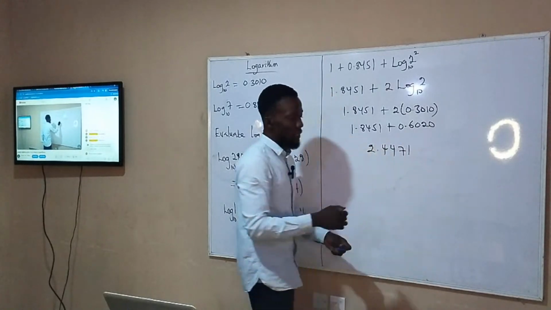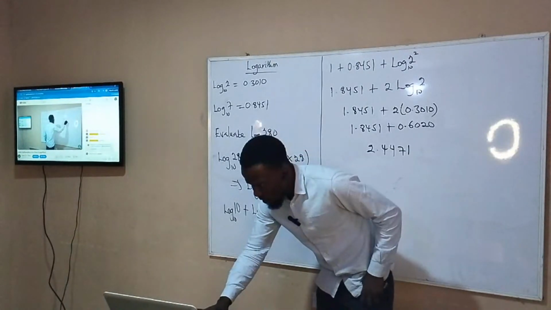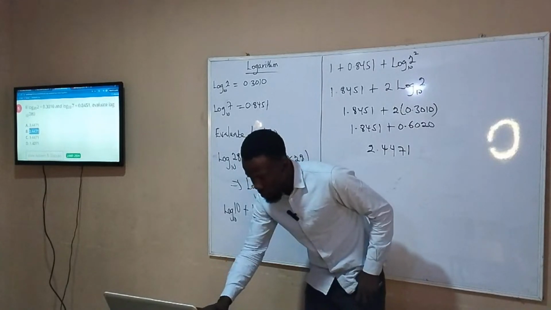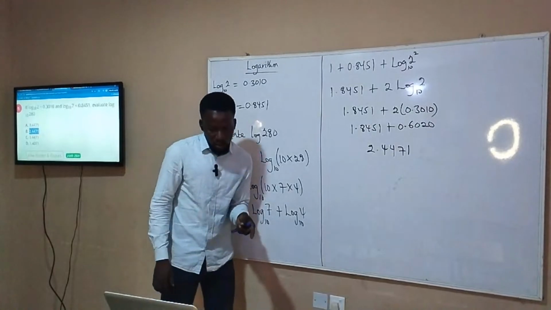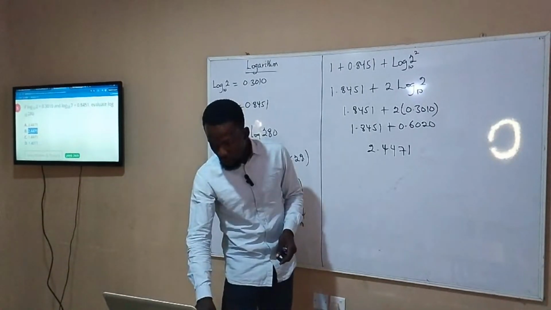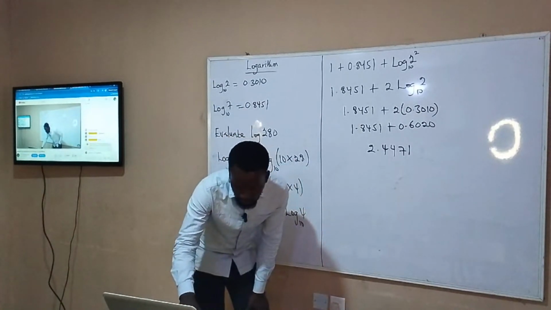So that is the answer. Let us see. We have that there, so it is option B, right? Yes, that is correct. Option B. If you have any question, please ask. I am more than willing to attend to your query.